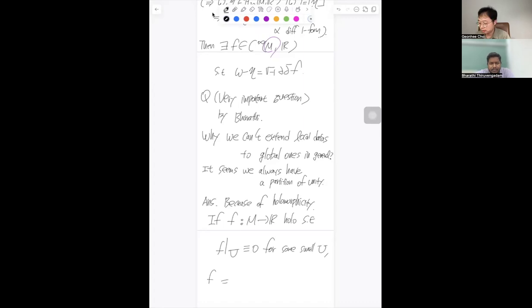This f must be zero everywhere. Exactly, it's the identity theorem. So we cannot use the partition of unity for holomorphic functions. This is not guaranteed.